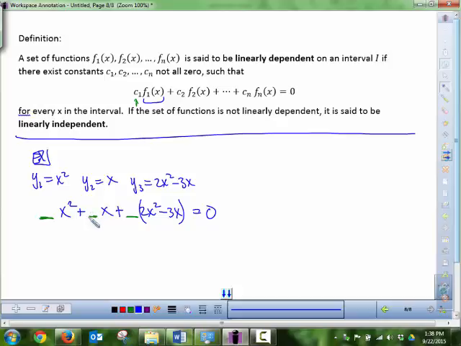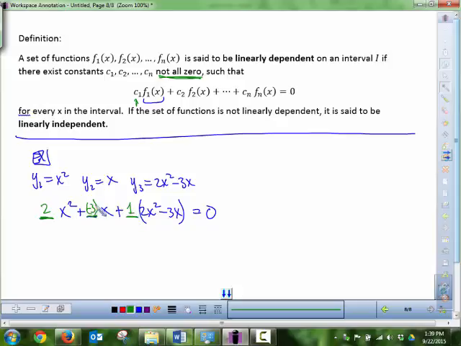Now, can you find any numbers that I can put in these blank green spaces that would make this thing equal to 0? Except zeros, not all zeros. Let me underline that: not all zeros. 2, -3, and 1.